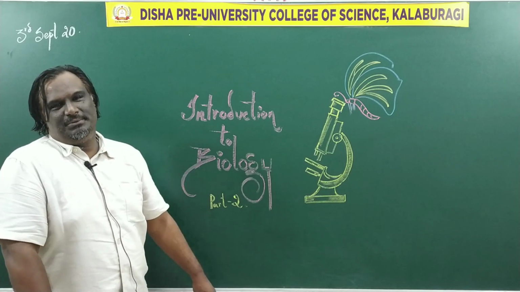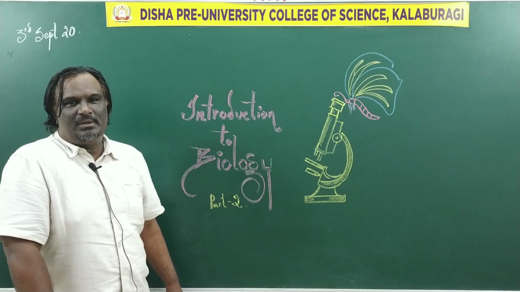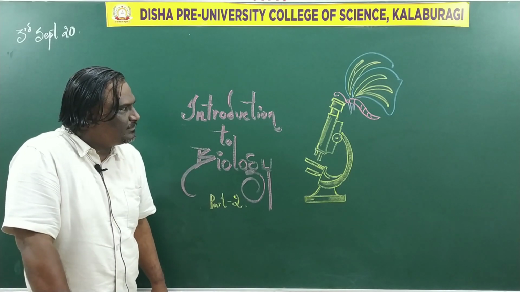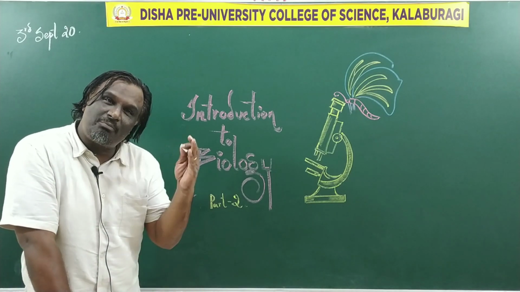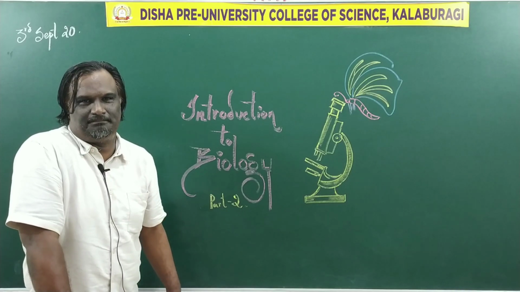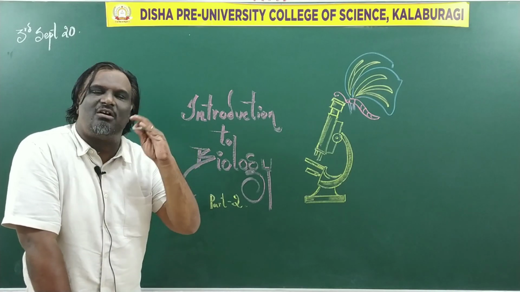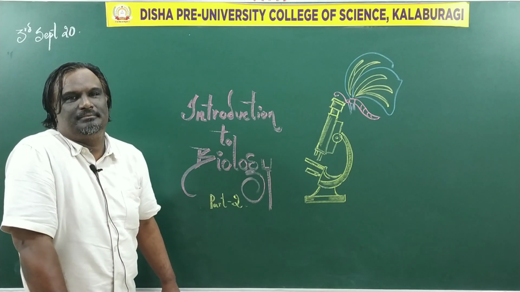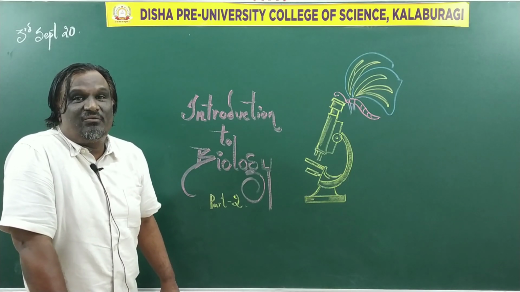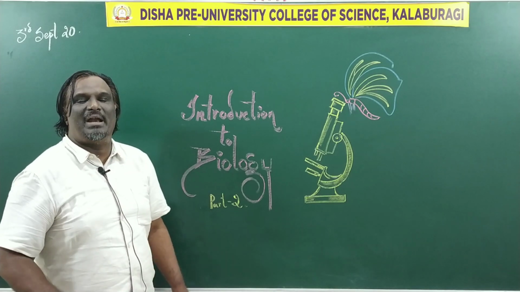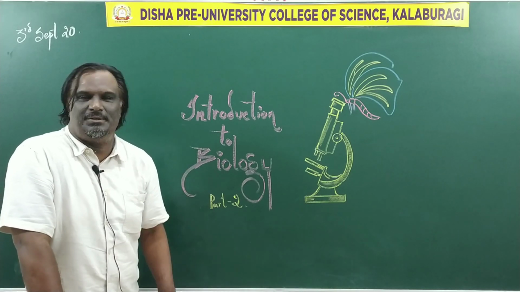In biology, for example, study of plants. What all aspects of plants you are going to study will become different branches of biology. For example, if you study the cells of the plants, it will be cytology.